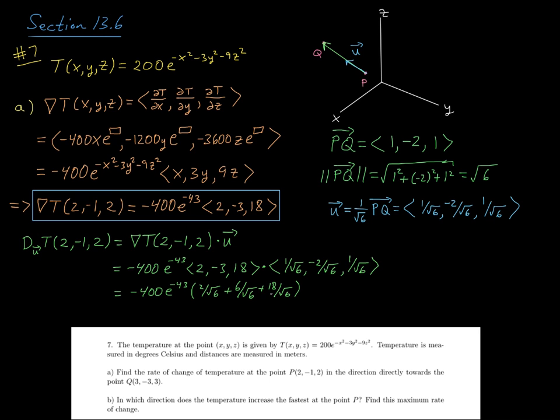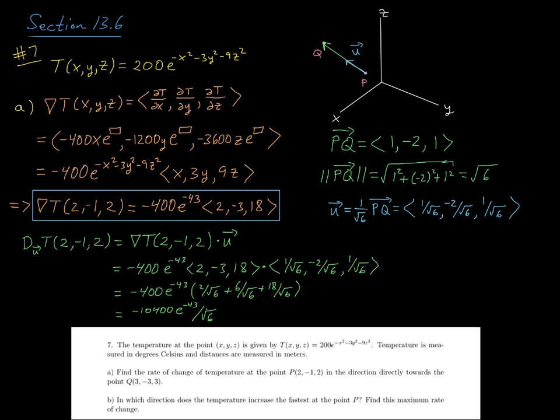Now altogether that's 26 over root 6, and if you multiply that by this minus 400 e to the minus 43, you get a whopping minus 10,400 e to the minus 43rd power divided by the square root of 6.